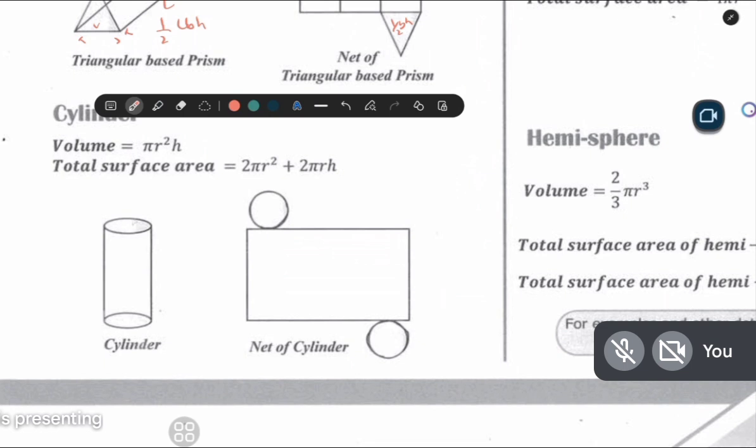The first thing that we can talk about is the volume. In volume, if we're talking about the left, right, and front to back dimensions, you have the area of the circle, which is pi r square.